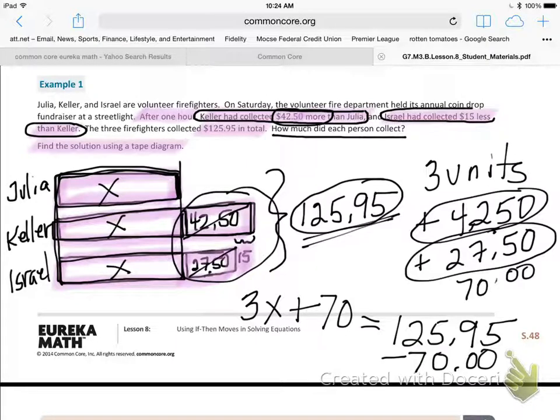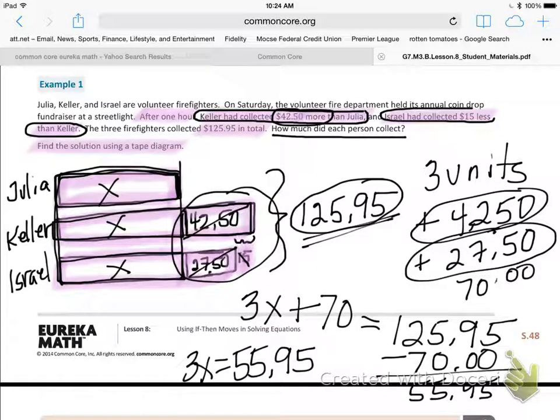Not this one. So then this is 95, this is 55.95. So we have 3x equals 55.95. And again, we'd take the 70 off of that side as well. So 3x equals 55.95.